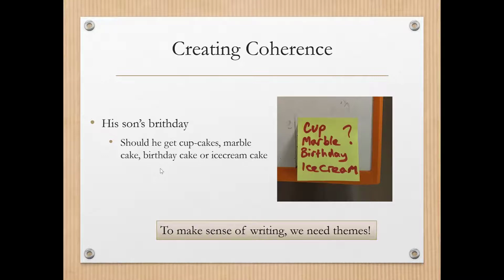Cupcakes, a marble cake, a birthday cake, or an ice cream cake. So the point here is that when we're writing, we may have many different paragraphs. We may have many different ideas that we want to get across to the reader. But what we need to be able to do is create a theme that ties everything together. So how might we do that? What does this look like in our writing?